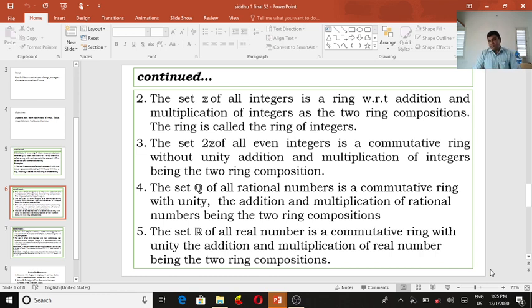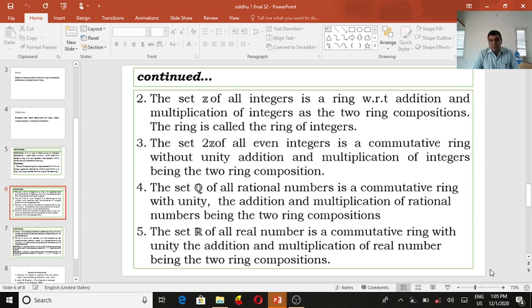Suppose a, b, c are rational numbers, a into b plus c equals a into b plus a into c, again a rational. The distributive property holds in the case of rationals. We come to the set of all real numbers.